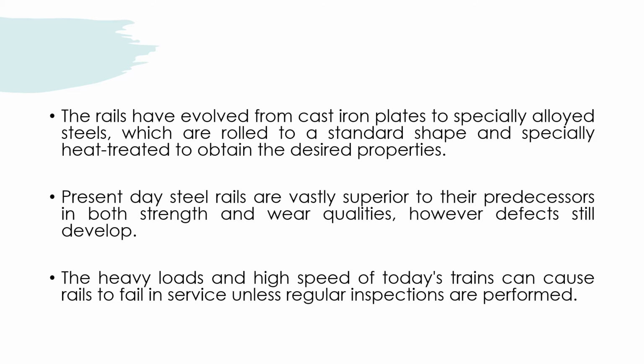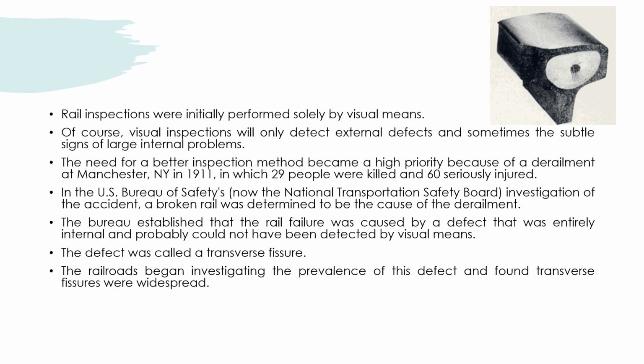The heavy load and the high speed of today's train can cause rail to fail in service unless regular inspections are performed, and regular inspections were initially performed slowly by visual means. Of course, visual inspection will only detect the external defects and sometimes the subtle signs of large internal problems.